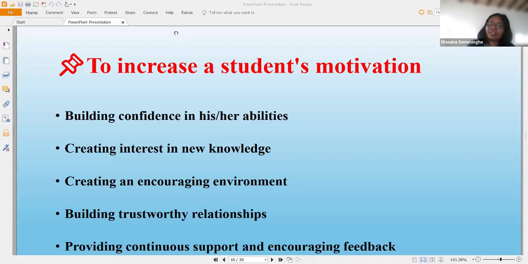She treats every child in a fair manner, and she listens to the students in a very careful manner, and she keeps her promises. If she says that tomorrow I will do that, she does that tomorrow, treating each child with respect. So she shows genuine care for students' well-being. Through these things, you can create trust in your students.